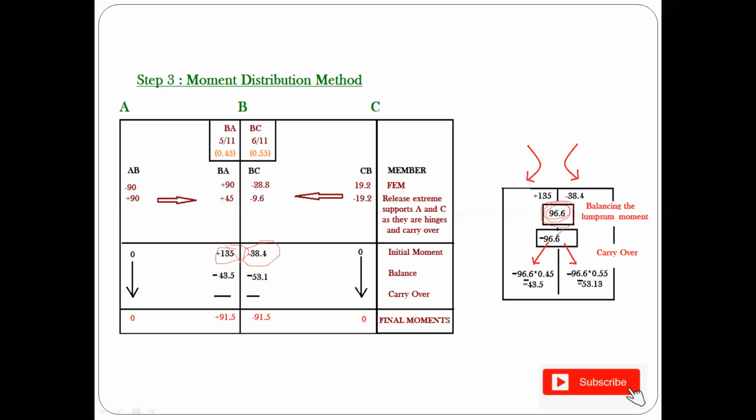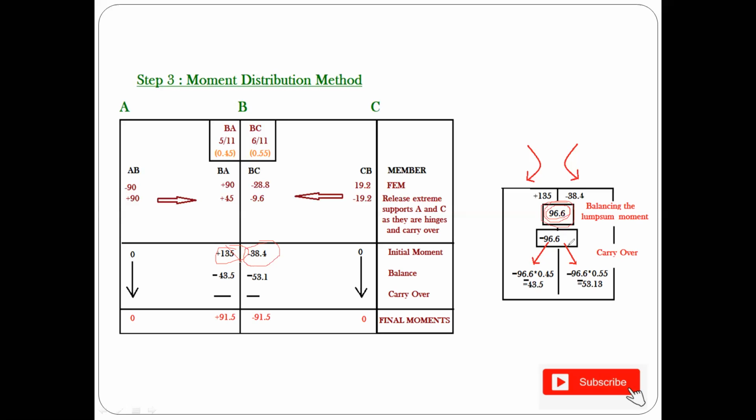So this is nothing but the balanced value. You're putting minus 96.6 to compensate your lump sum moment, and whatever you are giving to the junction B to make it equal and opposite, that value will be equally shared by the two members based on their distribution factor. So for BA you are having 5 by 11 and for BC you are having 6 by 11 as the proportion.